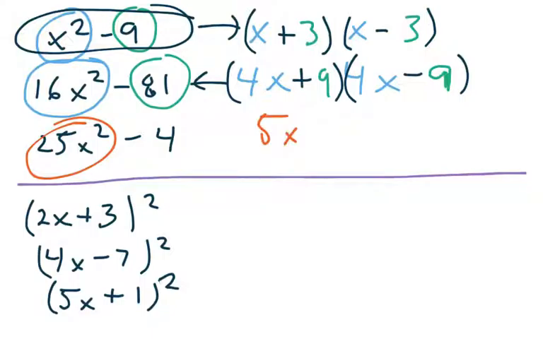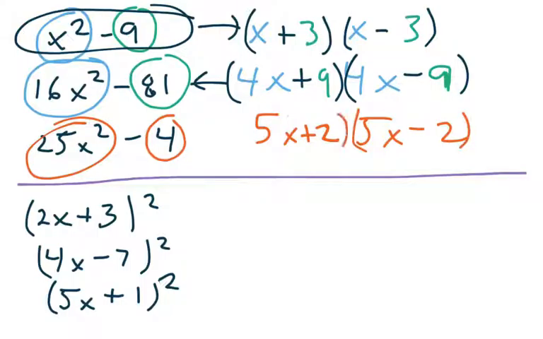It's, of course, 5x times 5x, right? And isn't the 4 simply 2 times 2? And if you made 1 plus and 1 minus, you have the factored form of this difference of two squares.